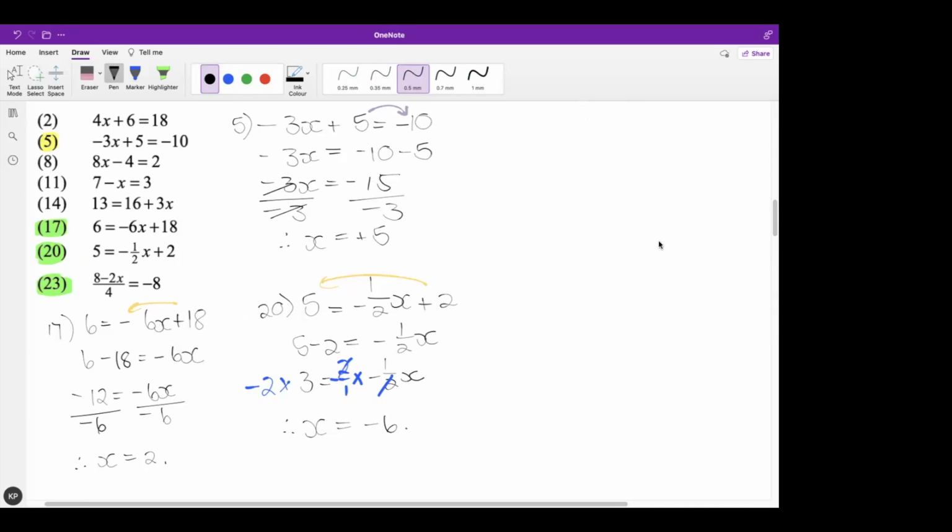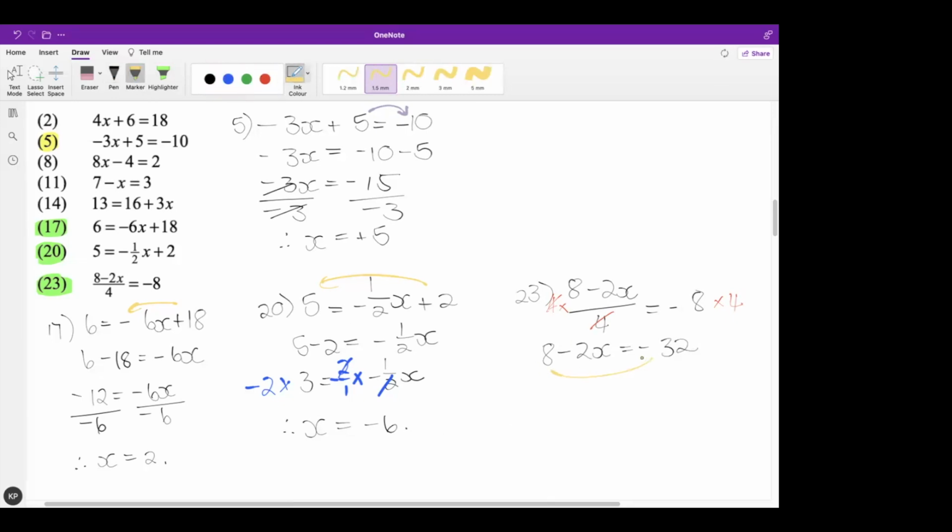And then 23, which we all seem to be a little bit uneasy about. Let's see how this goes. 8 minus 2x divided by 4 is equal to negative 8. I am going to times by 4 on both sides to get rid of my denominator of 4. So these will cancel out. So then I'll be left with 8 minus 2x is equal to negative 32.